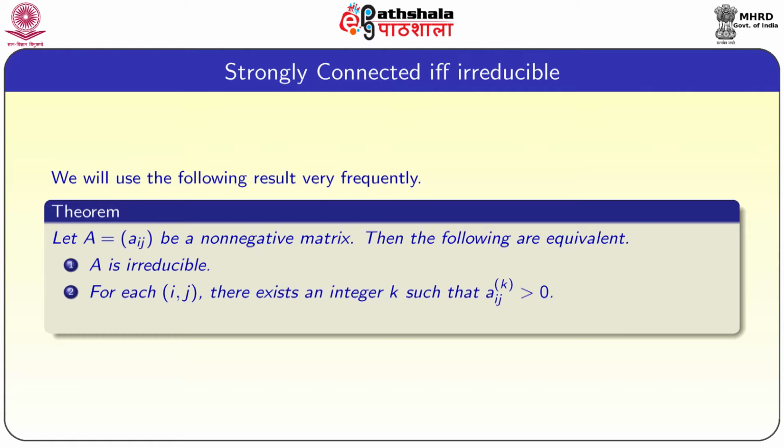Here (A^k)ij denotes the ijth entry in the matrix A power k. Third, XA is strongly connected. These three are equivalent. So that means A is irreducible if and only if the digraph associated with A is strongly connected.